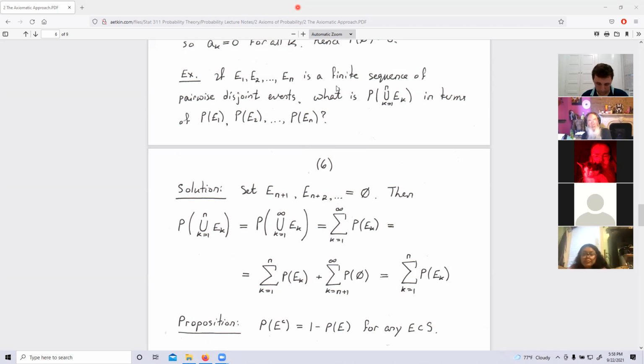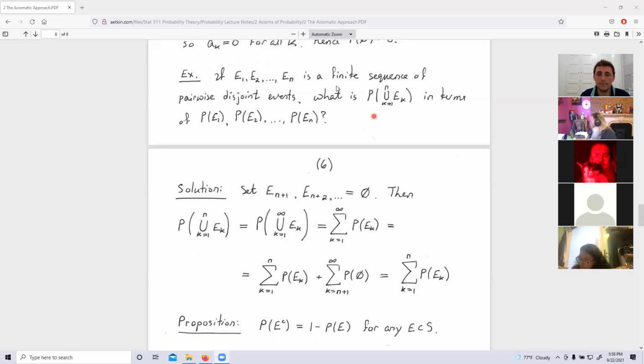I think we say that since P(E) is bounded between 0 and 1, then P of the complement of E would have to be less than that. So it would have to be 1 minus P(E), the only value we could have. Well, you have to argue with axioms.